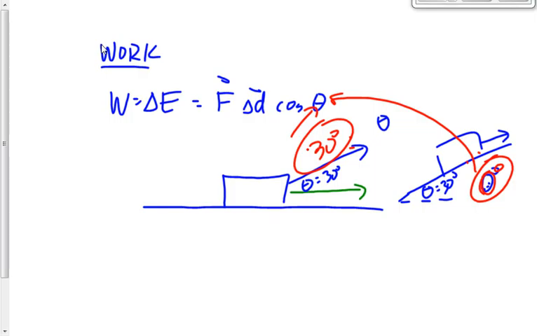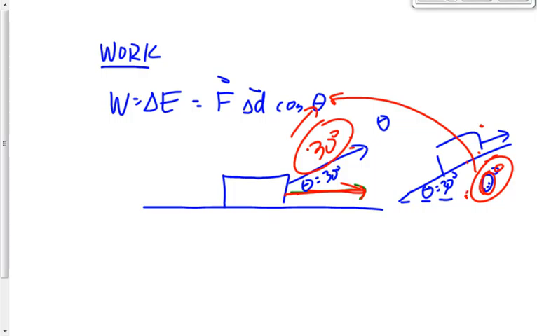How did we define that angle again? It's the direction or the angle between the way that it moves and the direction that the force is applied. Which way does it move here? To the right. Which way is the force applied? 30 degrees. What's the difference between those? Which way does it move here? 30 degrees. Which way is the force applied? 30 degrees. What's the difference between those two? 0 degrees. Therefore, we're not going to use any angle right here. The angle would be 0 degrees.